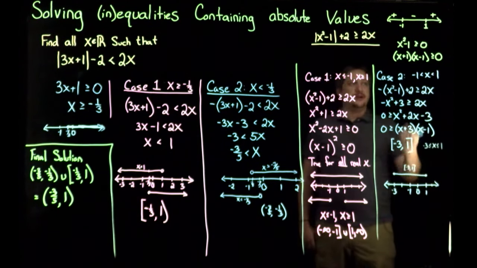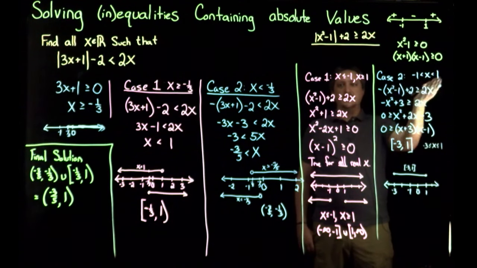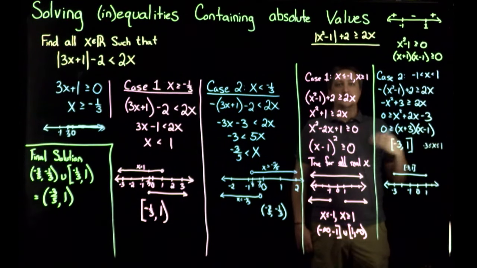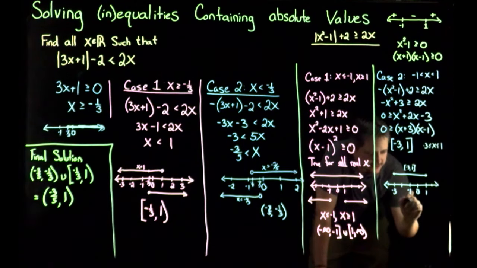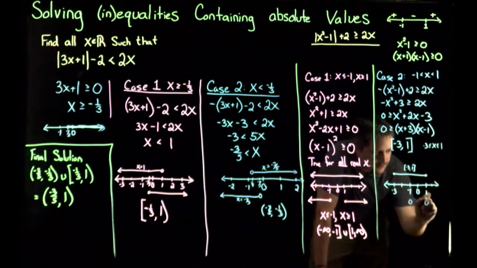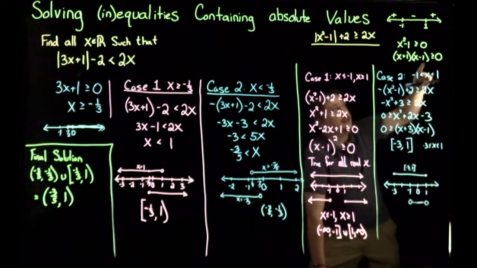But again, remember we've got to also include graphing our assumption, our requirement that x is strictly between -1 and 1. So wherever -1 is, wherever 1 is, these are open dots because it's strictly less than.